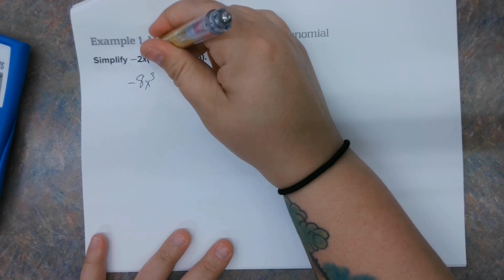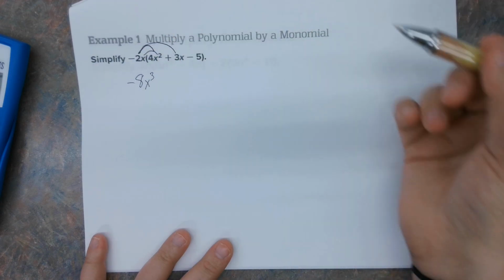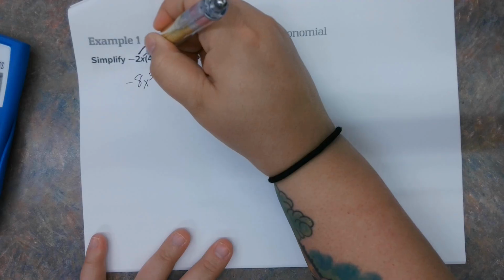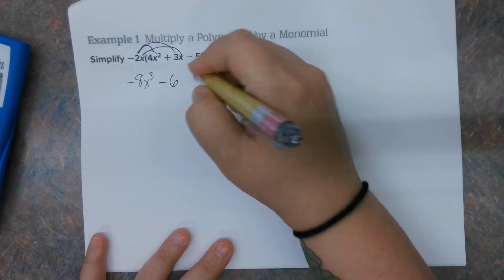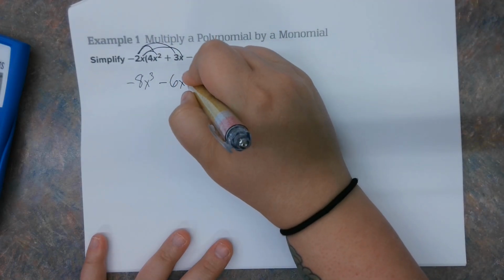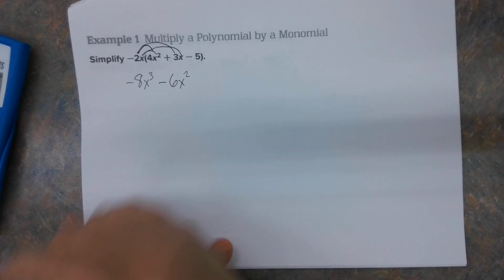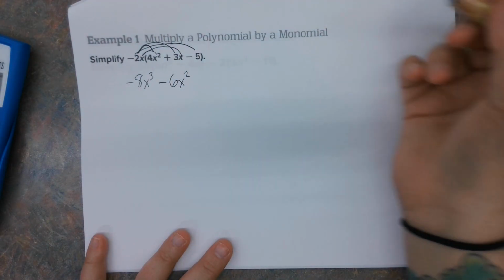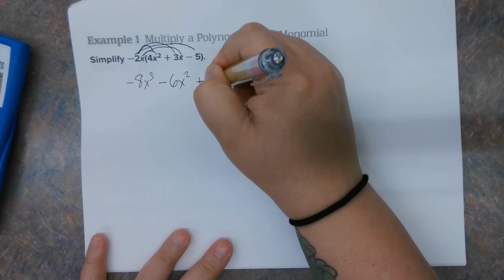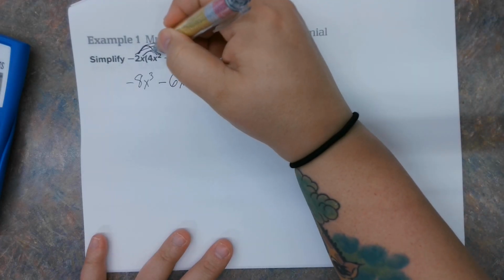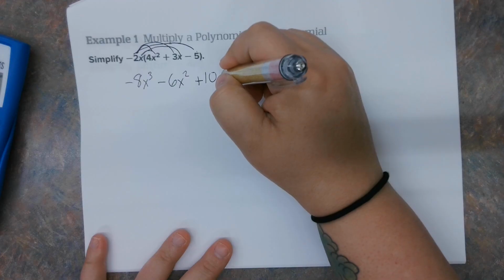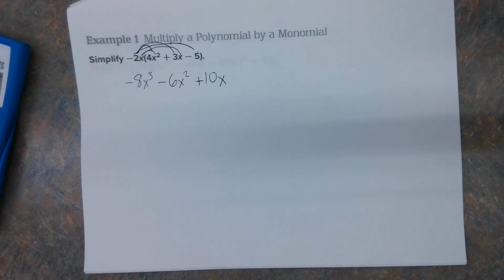Okay? I have negative 2 times 3, which is going to be negative 6. And I have x times x, which is going to be x squared. I have negative 2 times negative 5, which is going to be positive 10. And then I have x times negative 5, which is going to be just x.